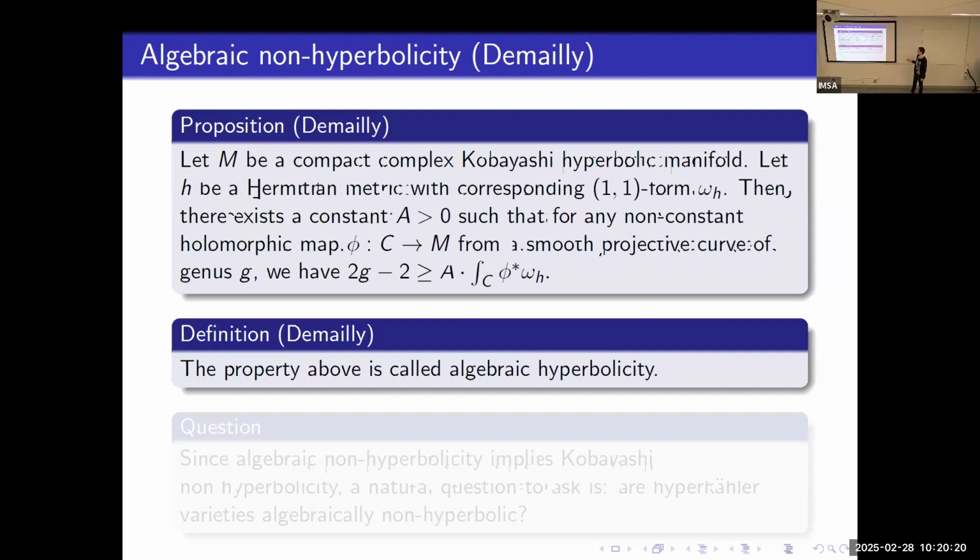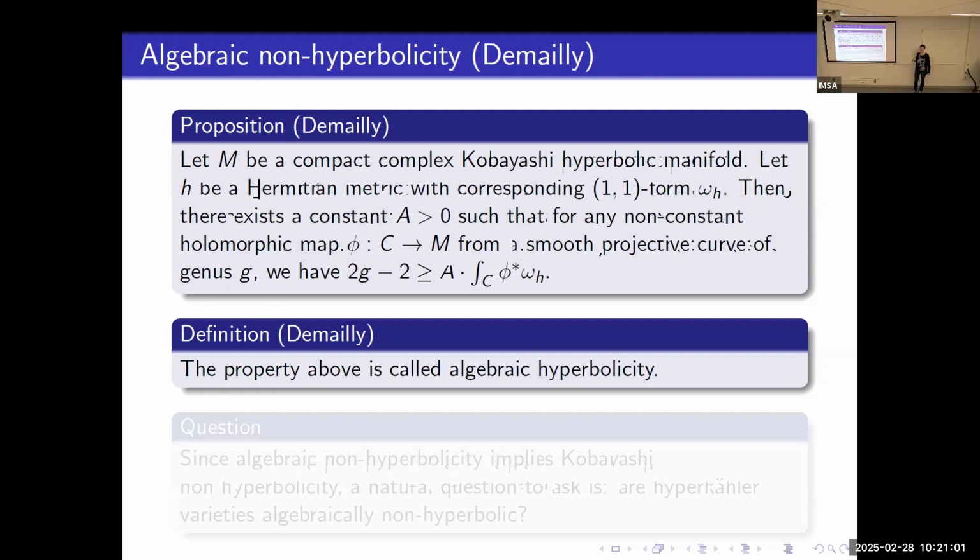Together with Ariane Picard, we generalized this notion of algebraic hyperbolicity. I didn't put it in the slides because we'll just be proving non-hyperbolicity of hyperkahler manifolds. But we also generalized it for not necessarily smooth projective schemes. So then we have that Kobayashi hyperbolicity implies algebraic hyperbolicity.